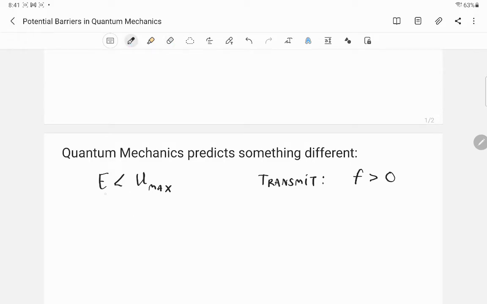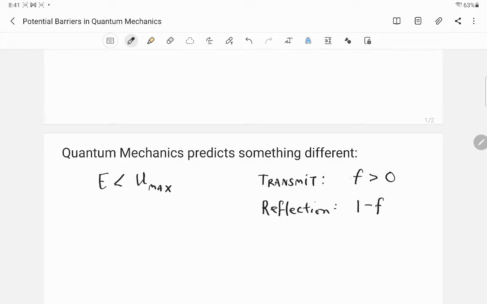So in the case where the energy wasn't enough classically to go up and over the barrier, nonetheless, quantum mechanics predicts that there is a fraction that will transmit that's bigger than 0, and there is a reflection component as well. And the reflection is 1 minus f.